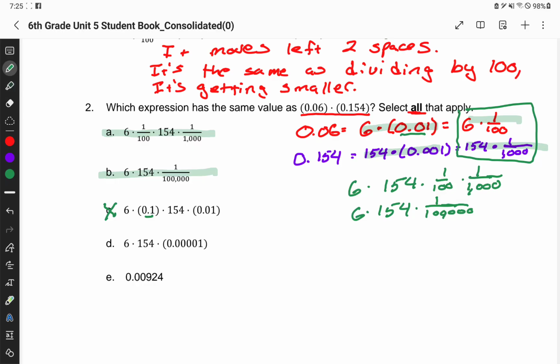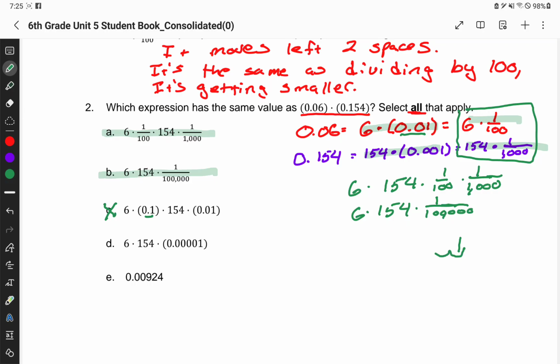And then, when we work it out, changing this to a decimal, we move the decimal place 1, 2, 3, 4, 5 places.